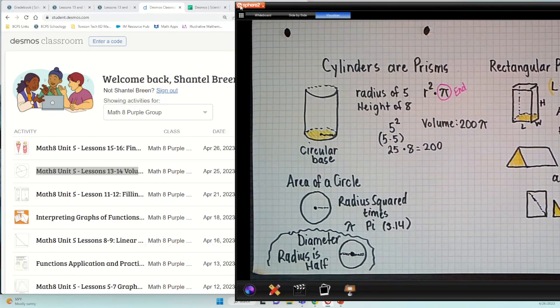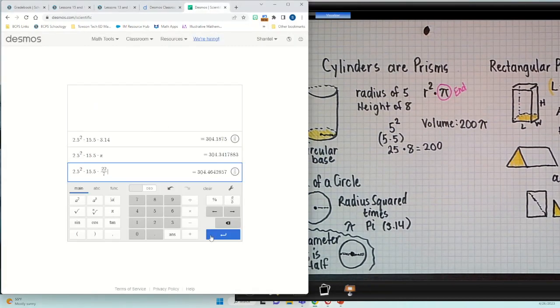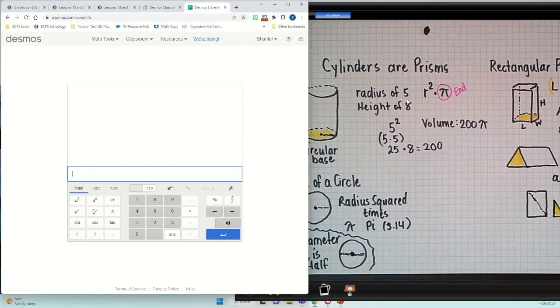Now, the beauty of Desmos is that when you do your work in Desmos, you can actually just pop open a calculator, 5 squared. Okay, so I have my radius squared. I have my height. So I know my volume is 200 times pi. Now watch, I can do times pi, find the pi button, and that would be 628 and then the decimal.